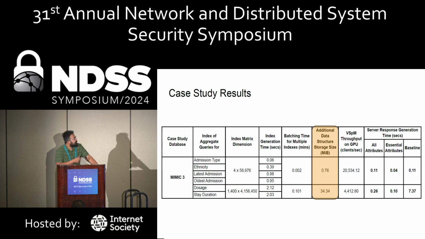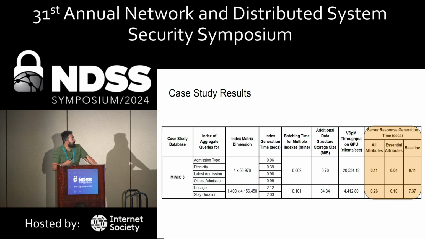Which brings us to the final sets of columns, which are the server response generation times, and this is what we were primarily the most interested in. So we compared our protocol with a baseline protocol, which is the popularly used Goldberg's ITPIR scheme, which is also a vanilla vector matrix model-based ITPIR scheme.